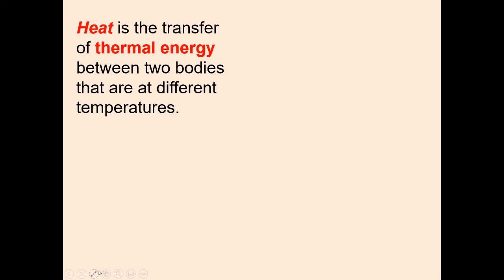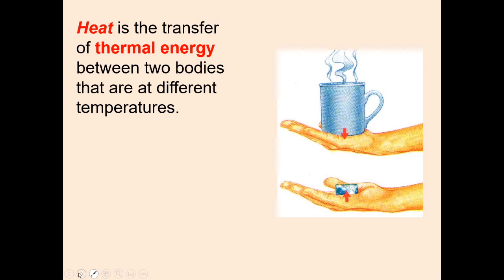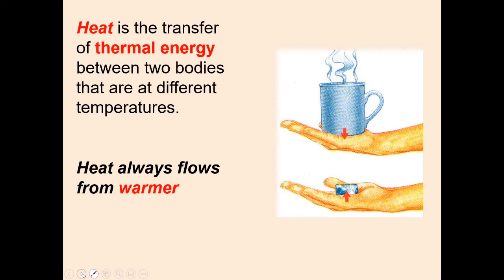Okay, so when we're talking about heat transfer, it's a very specific transfer. And it only happens in one direction. It always flows from warmer to cooler objects. It is impossible for it to go the other way. Heat only flows from warmer to cooler objects.